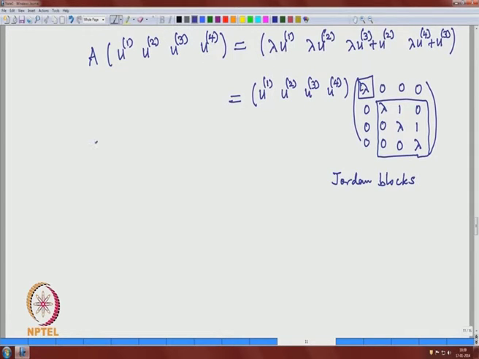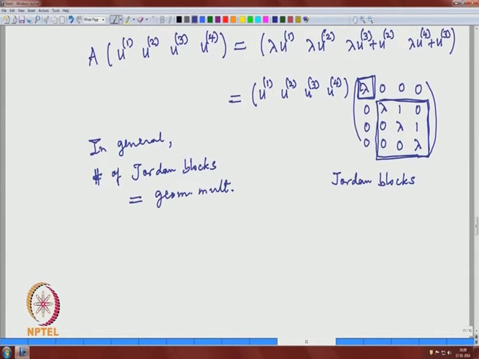So, in general, the number of Jordan blocks corresponding to an eigenvalue is equal to the geometric multiplicity of that particular eigenvalue. So, in this case we have geometric multiplicity 2. So, we get 2 blocks. Okay.